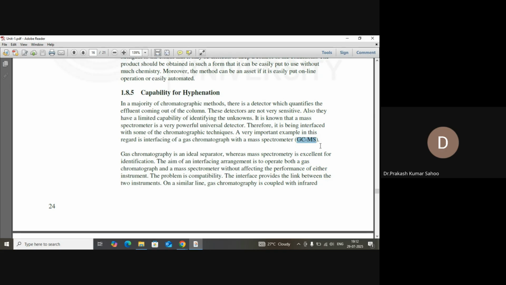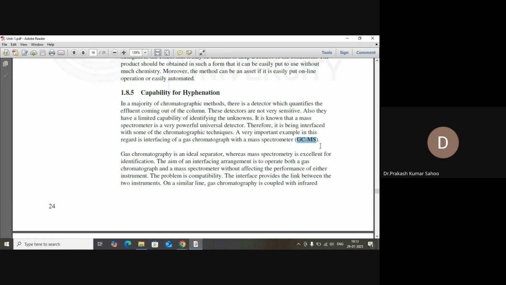But in mass analysis, no electromagnetic radiation is used. Rather, high energy or high velocity electrons are bombarded on the molecule to know the mass. That's why it is called mass spectrometry, and other analytical techniques are known as spectroscopy.